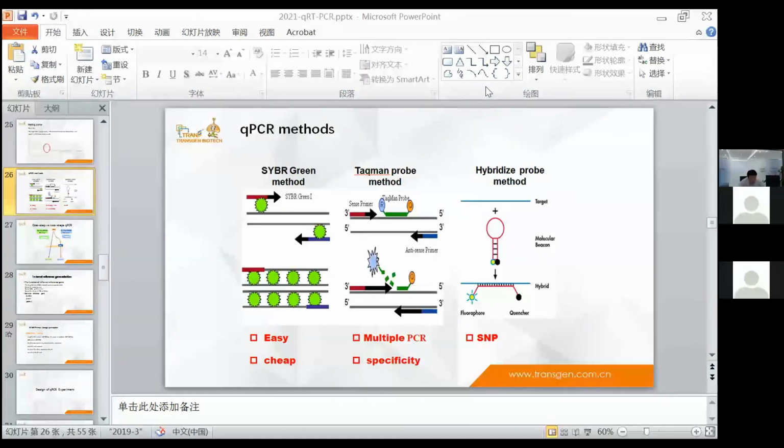Can PCR detect viable or non-viable cells? PCR and qPCR are just based on nucleic acids, so it's based on the DNA and the cDNA.